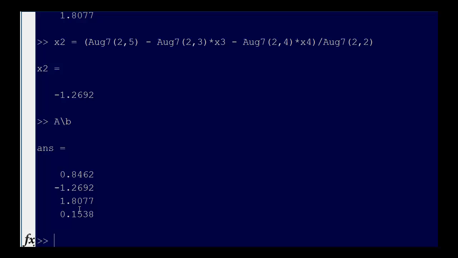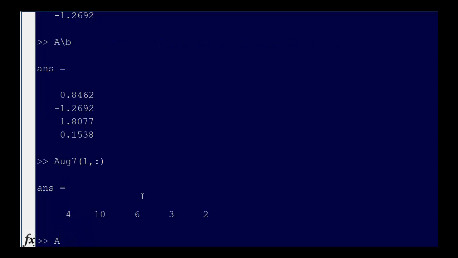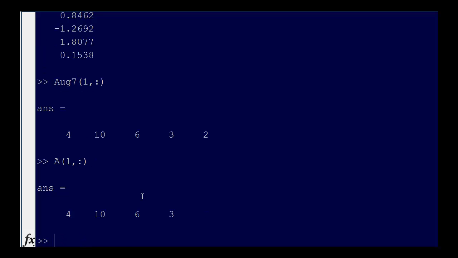Just to show you that again, A back divide b. See, we've got the third one, now we've got them all but one. And we could even plug this into the original, right? It is actually the original equation, because if we do og7 1 and a 1, and of course we got b there, but yeah, see, they're the original ones, and so we're just plugging this into the original.